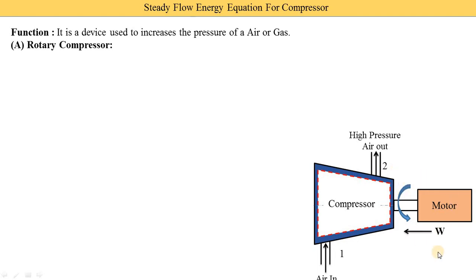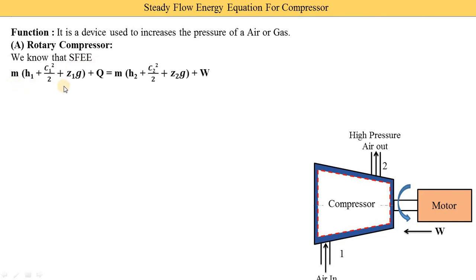We need to supply some work, and when we supply work to any system, it is considered negative. So when we solve examples of the compressor, we get W as a negative answer, because we are supplying work to the compressor. We know the general steady flow energy equation that we already derived.